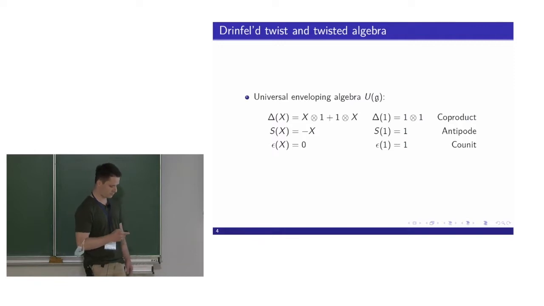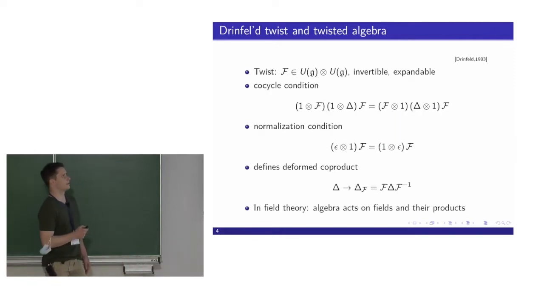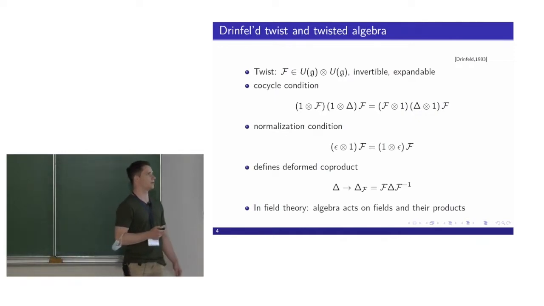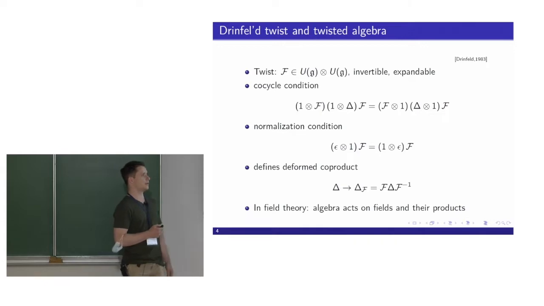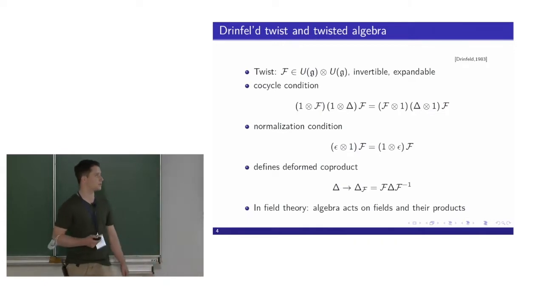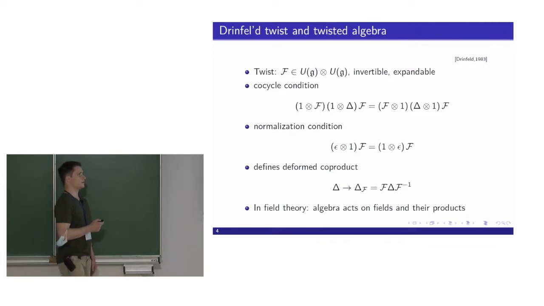A Drinfel'd twist is then a twist that lives in the tensor product of the universal enveloping algebra with itself. We ask that it should fulfill some properties like invertibility and expandability in some deformation parameter.